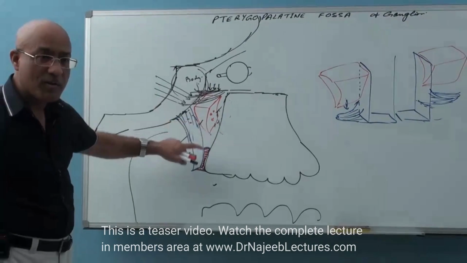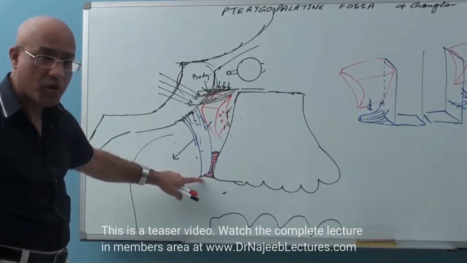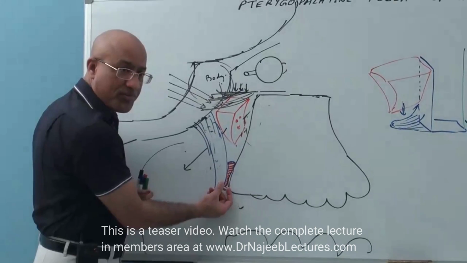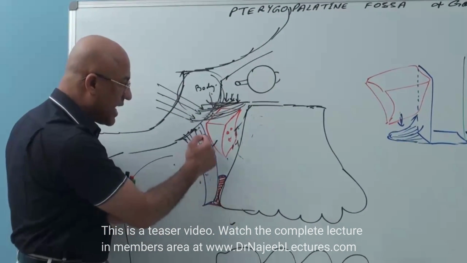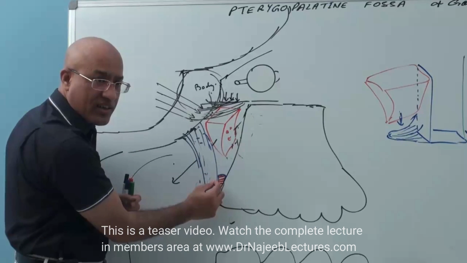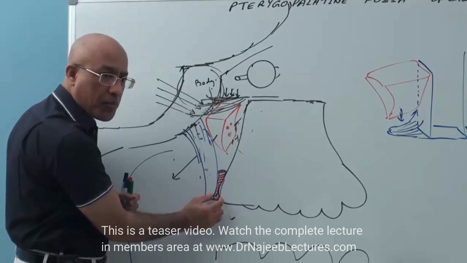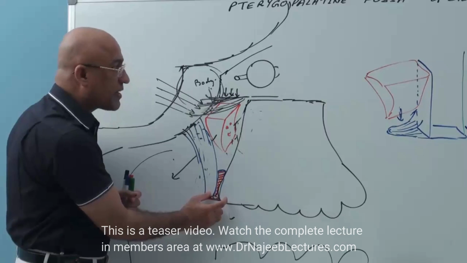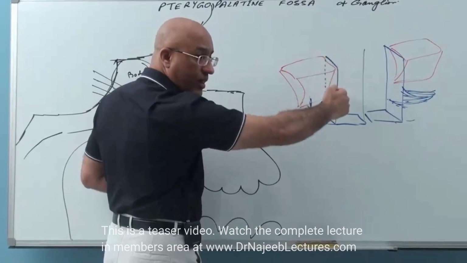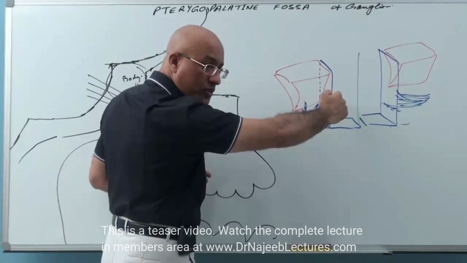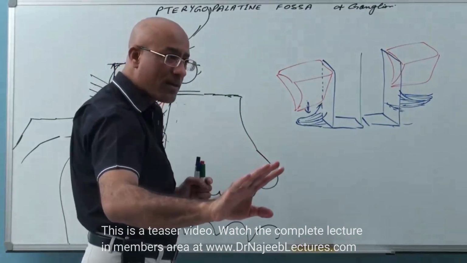Rapidly: the pyramidal process of the palatine bone, but it is a very narrow floor, as the lower part of the maxilla, the back of the maxilla, and the pterygoid process approach each other. So this gap is filled by the pyramidal process of the palatine bone. Plus the palatine bone also makes the medial wall of the pterygopalatine fossa. Am I clear? Is it clear?